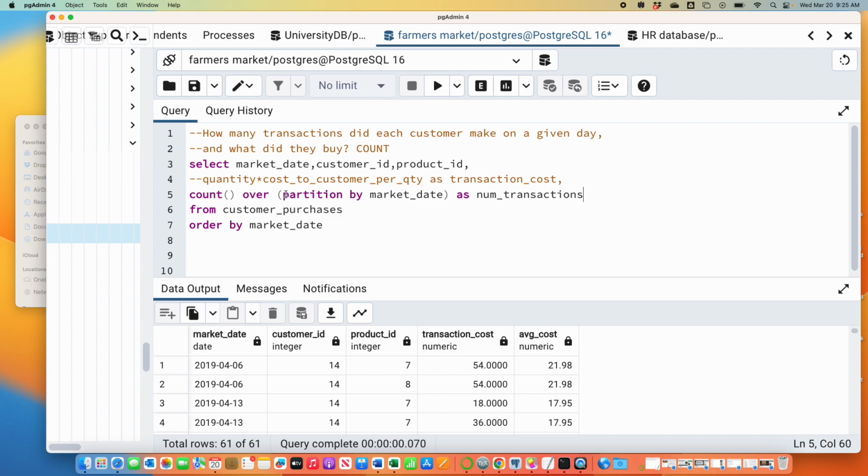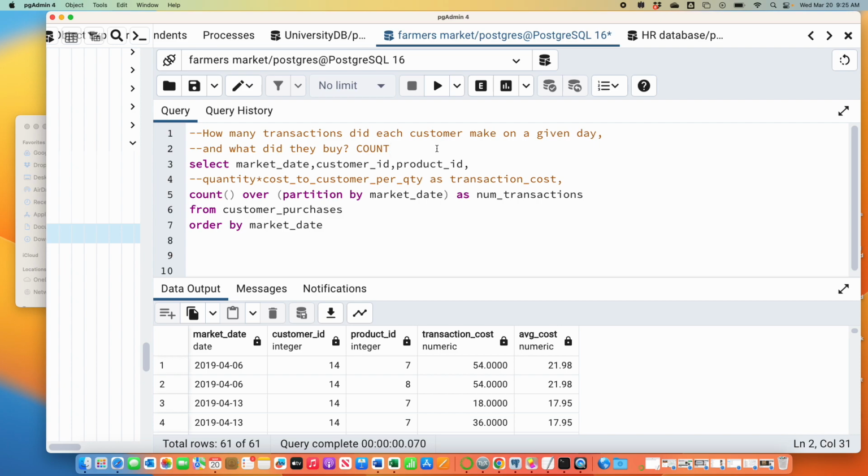Okay, what about this? We still need a partition by market date. Do you agree with that? We still need each market date to be its own bucket on a given day. What else though? What else needs to be its own bucket? Product ID.